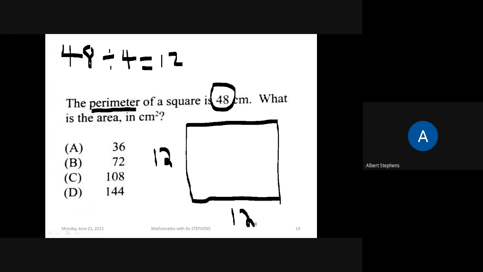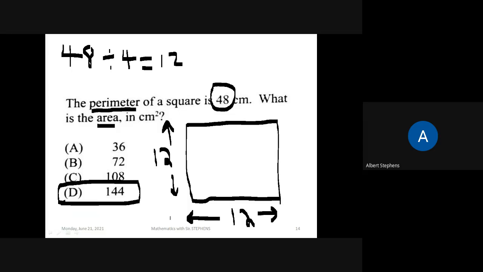All right. So what's the area of a square now? 144, because 12 times 12 gives you 144. All right.